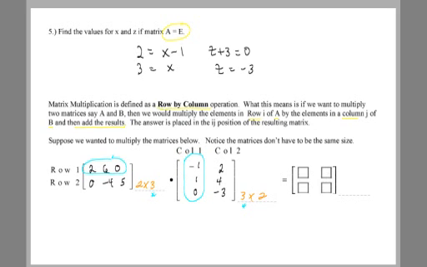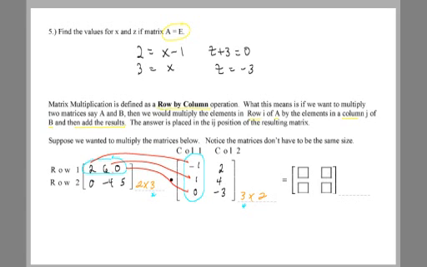So this says multiply the elements in a row of A by the elements in a column of B, and once I do that, I'm going to add the results. Let's see what gets multiplied: 2 by negative 1, 6 by 1, 0 by 0, entry for entry, across and down.